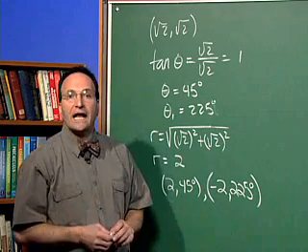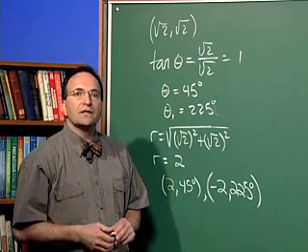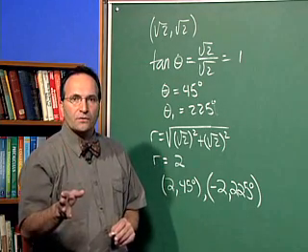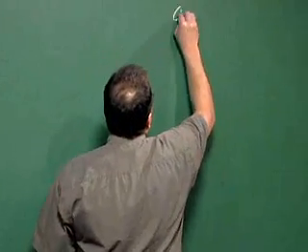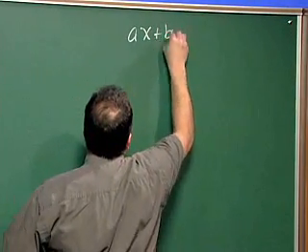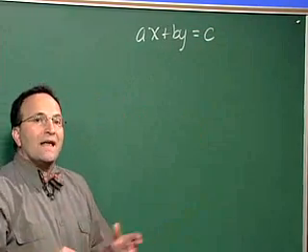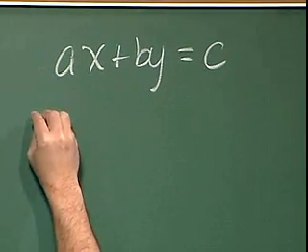Now let's take a look at how to graph polar equations. First, let's develop conversion equations for lines and circles. So how we do that is let's start with the line AX plus BY equals C. And now, remember that x is equal to r cosine theta and y is equal to r sine theta.